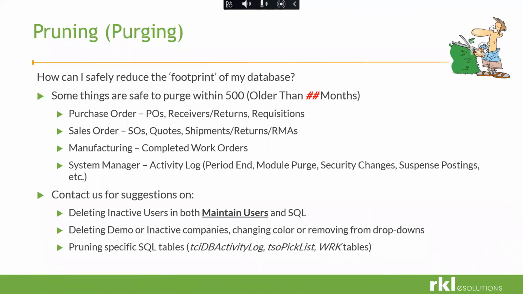In the front end, there are purges. You can actually go into the sales order area or the purchase order area and tell it to purge items that are over X number of months old, 60 months, 90 months. You have to have settings, and give people access to do it.